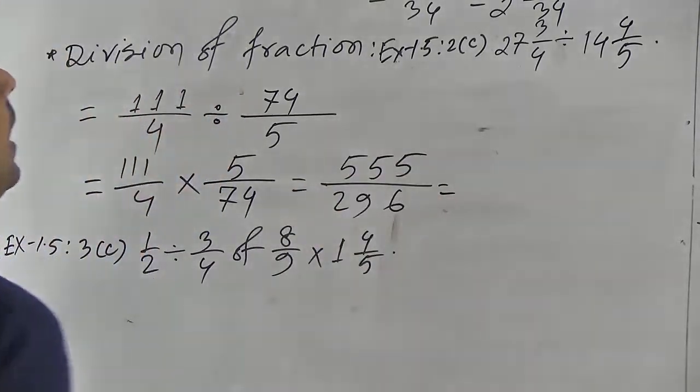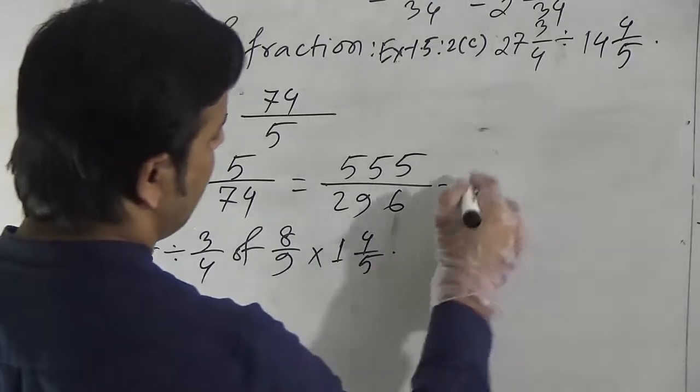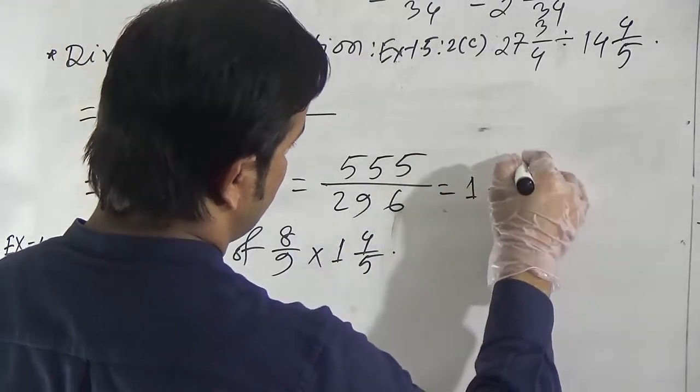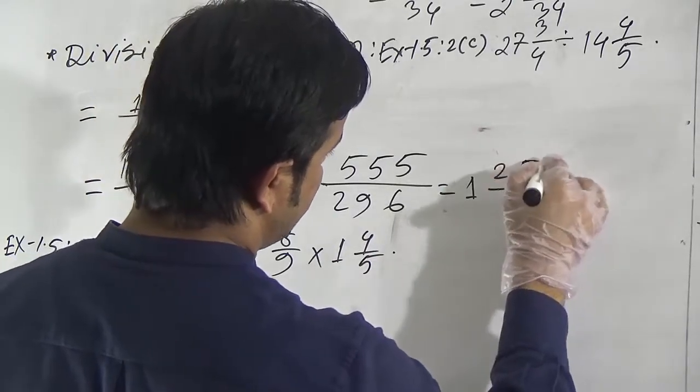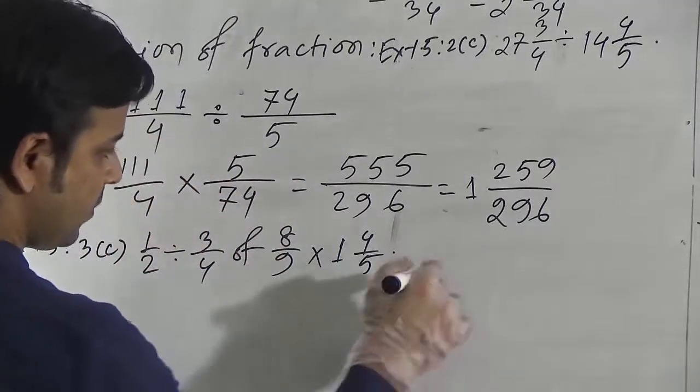Now this is an improper fraction, so we can convert this into mixed. Take one time. 259 will remain, 296 will remain the same.